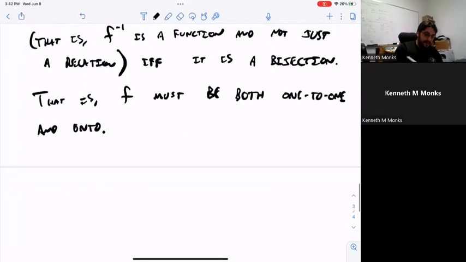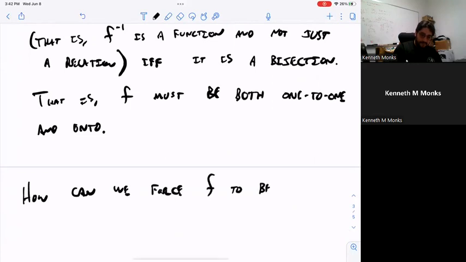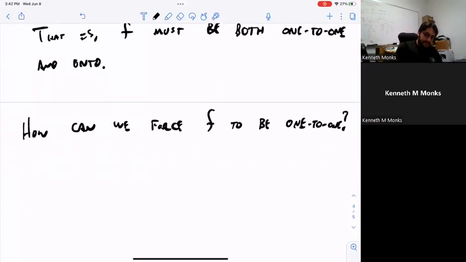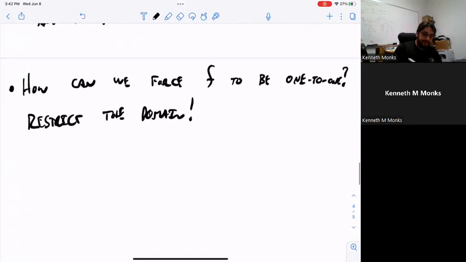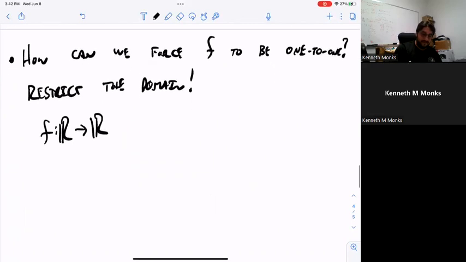So how can you accomplish this? How can you force f to be one-to-one? The trick is you want to restrict the domain. So look at this function. f goes from the reals to the reals.